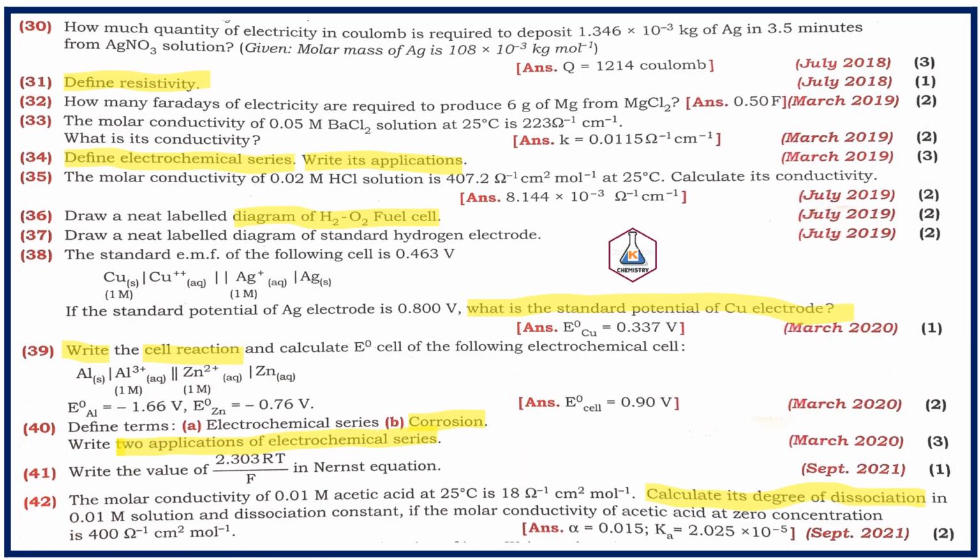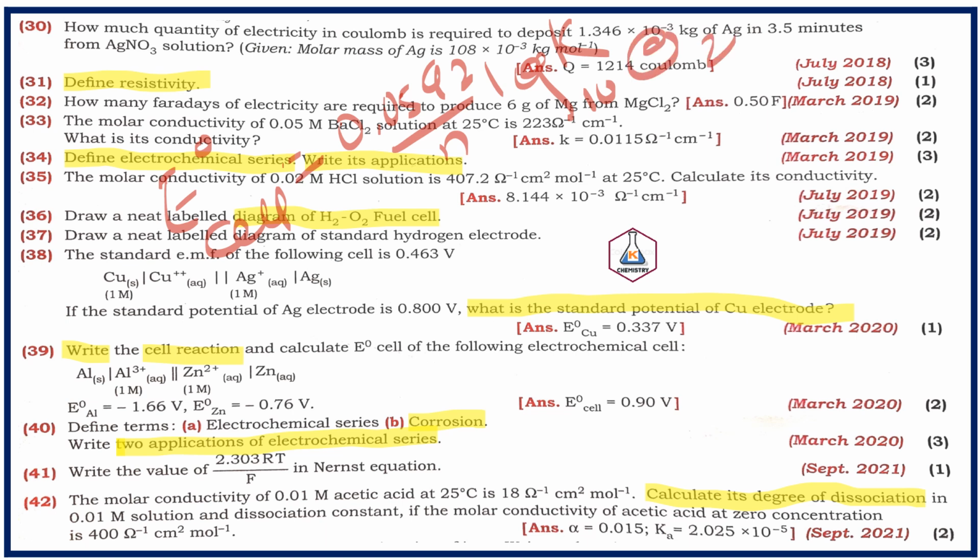Friends, there is a relation between standard cell potential and equilibrium constant: E0 cell equals 0.0592 by n log of K to the base 10. This is at 25 degrees Celsius. This relation is also important while solving a problem.